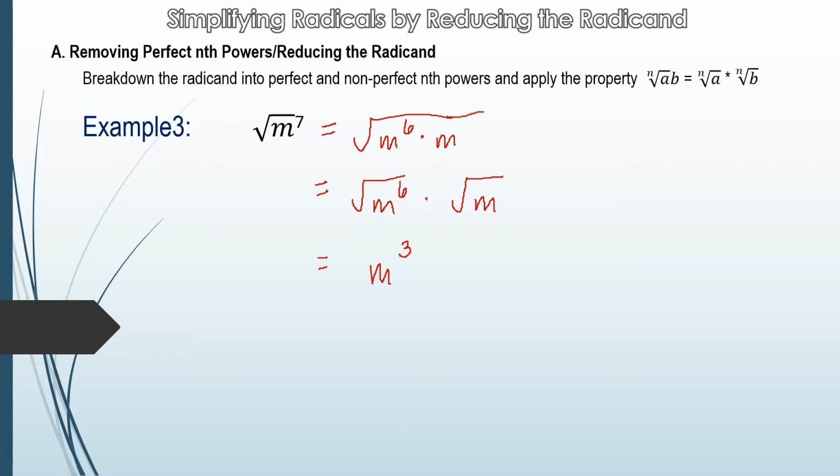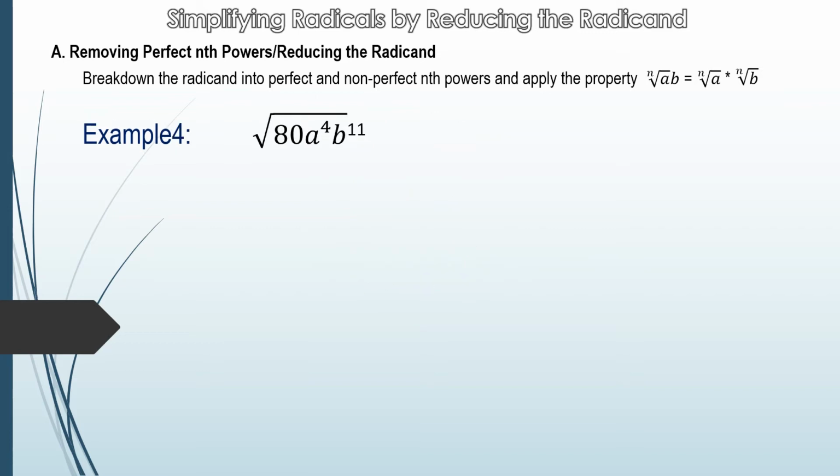So we have 6 divided by 2. That is why we have 3. And then we bring down the square root of m. We can no longer simplify square root of m. So therefore, the square root of m raised to the 7th power in simplest form is m cubed times the square root of m. Let's have another one.